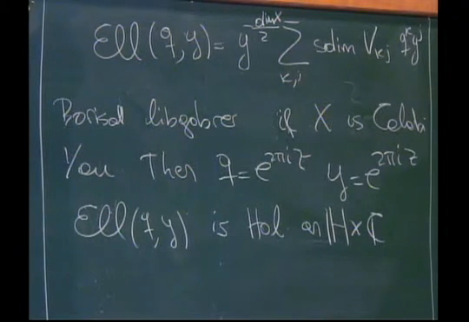This is called the elliptic genus of X, the two-variable elliptic genus of X.